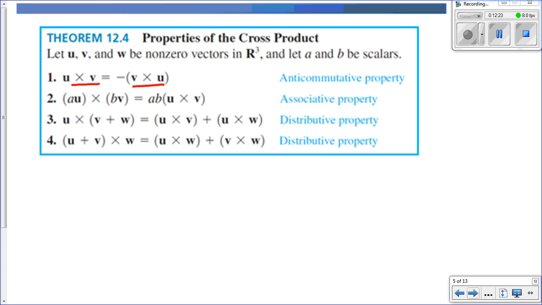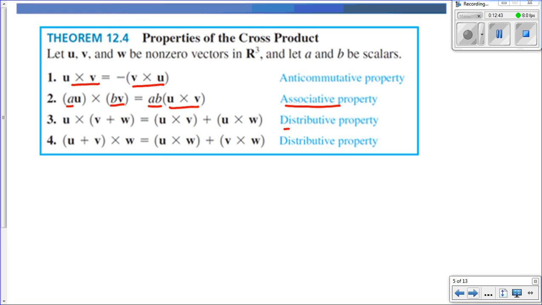Also, if you have a scalar times a vector u crossed with a scalar times the vector v, that's equivalent to taking the product of those scalars times that cross product of u and v. So that's called an associative property.